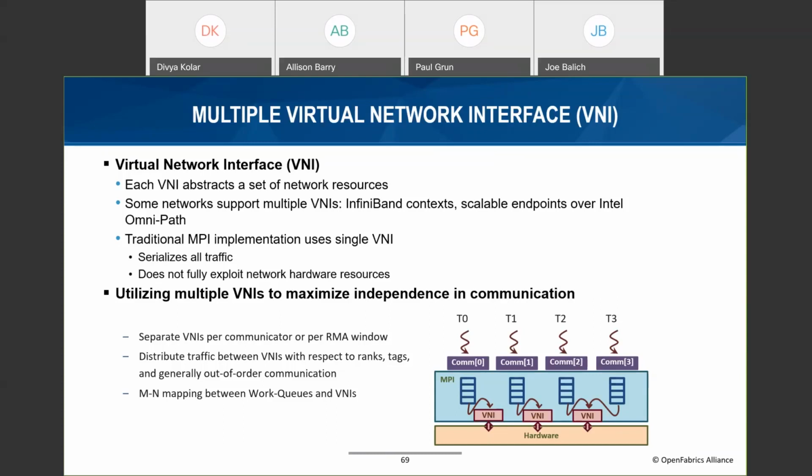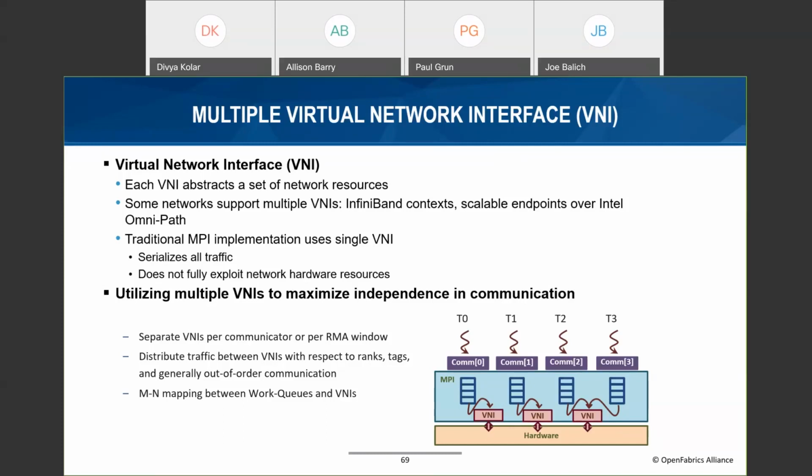and within each VNI the traffic is serialized, but between all these VNIs they run in parallel, and because there is no shared resource between them, instead of having a global lock we can do per-VNI locking, which has much less contention in multi-threading.